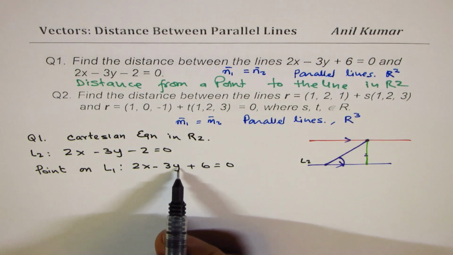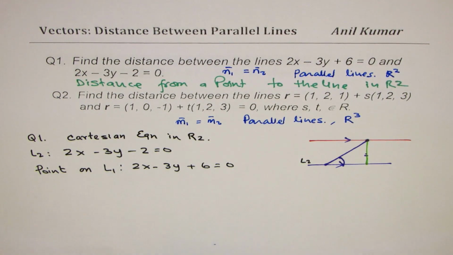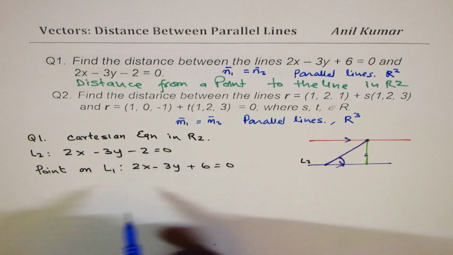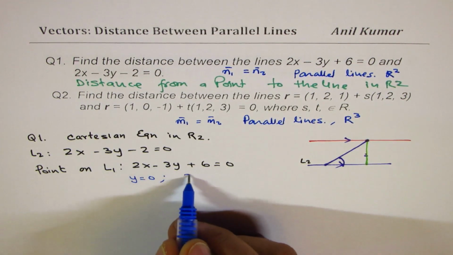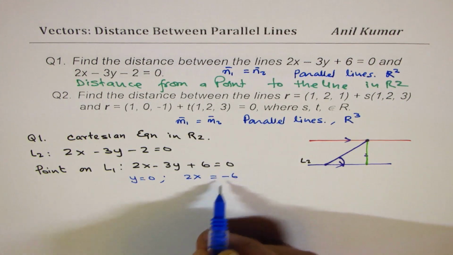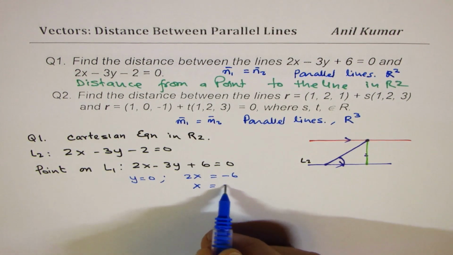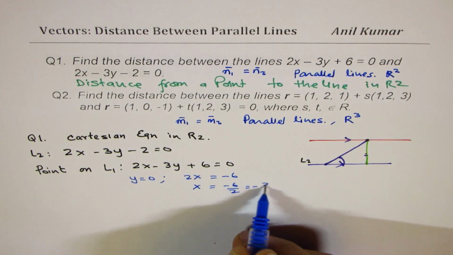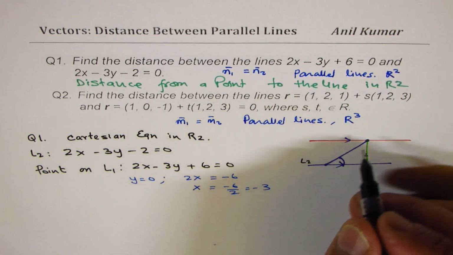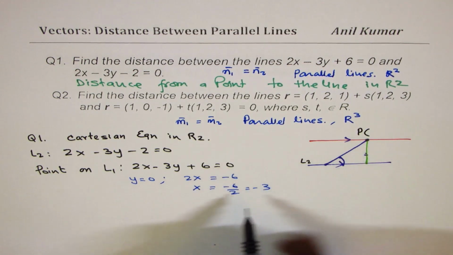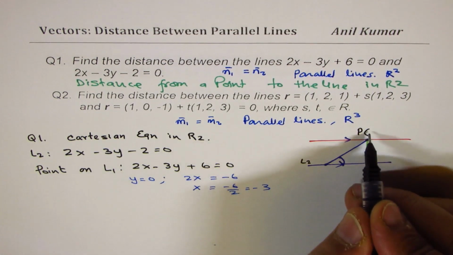Now we could place y equals to 0 and calculate x. That'll be easy. In that case, we can say 2x equals to minus 6 and x is equal to minus 6 over 2, which is minus 3. Therefore, a point P could be defined here as (minus 3, 0).